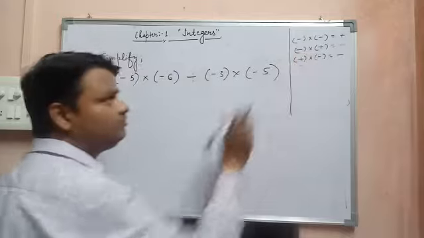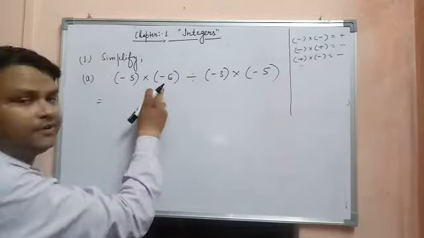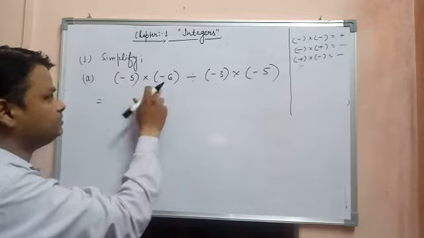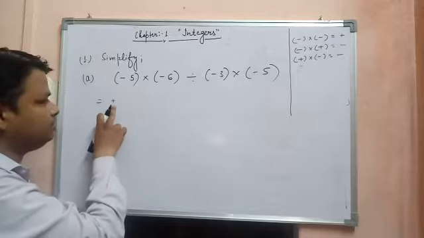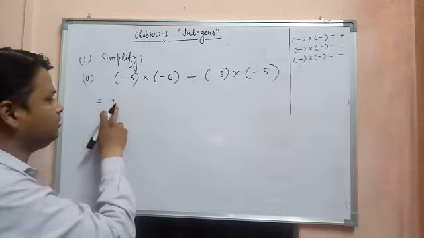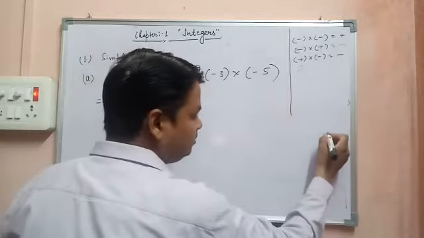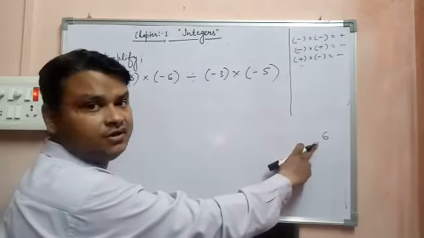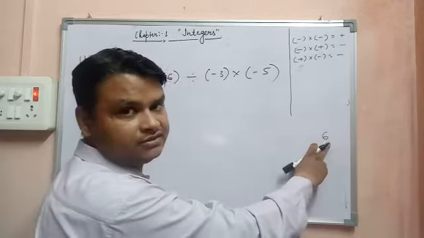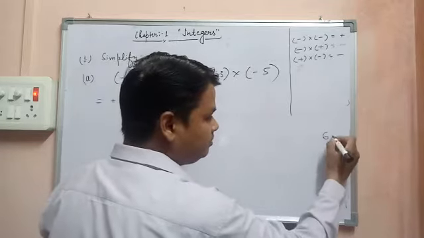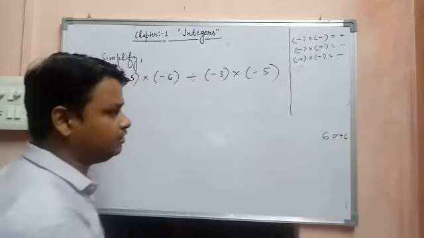This is the rule you have to apply in this question. First, we multiply the operators. Minus into minus is plus. Plus is understood; any number written without an operator is treated as positive. So 6 or plus 6, both are equal.